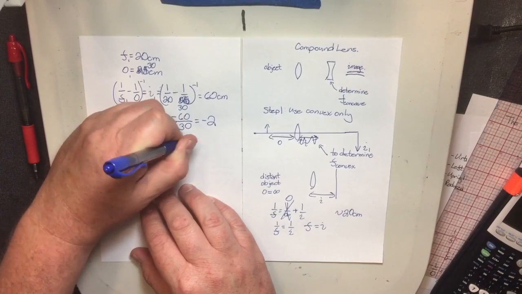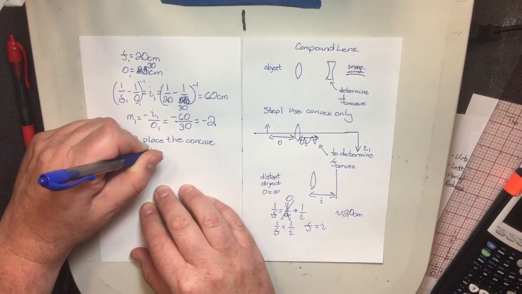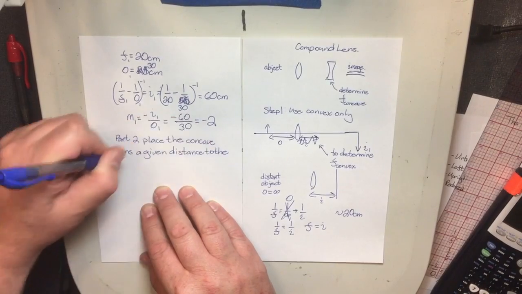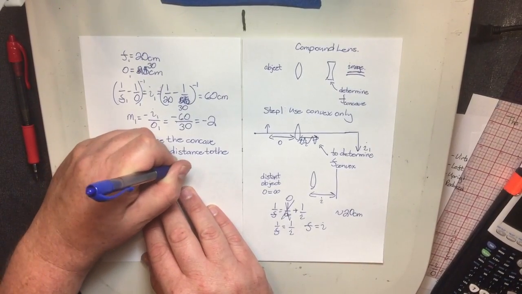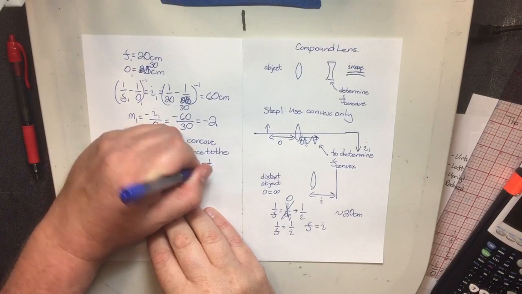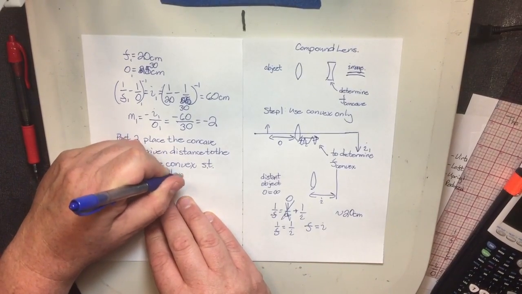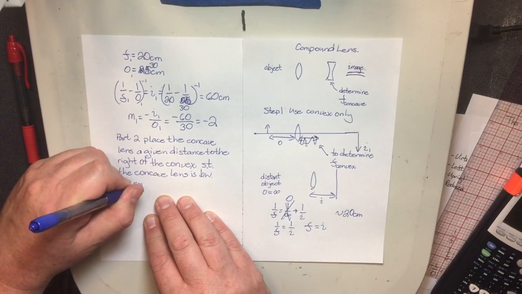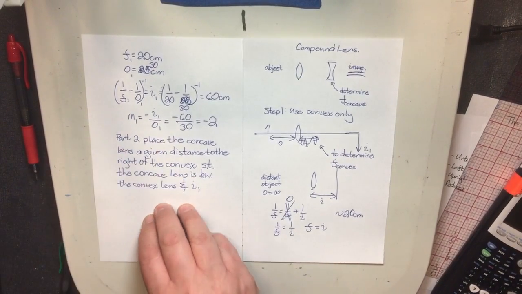Place the concave lens a given distance to the right of the convex, such that the concave lens is between the convex and I1.